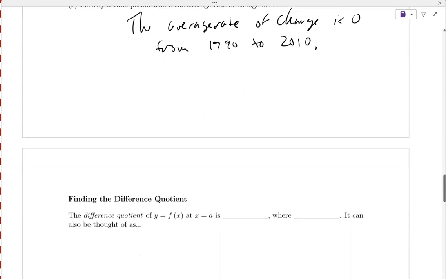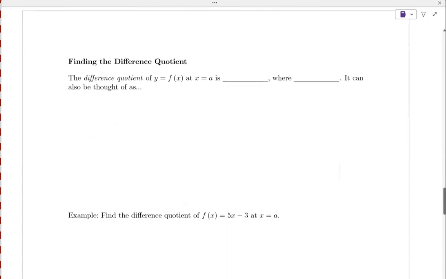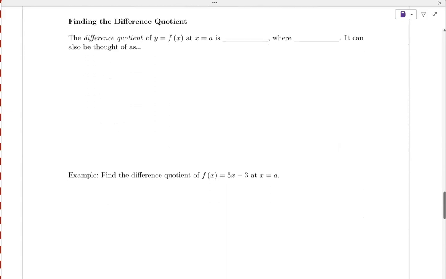All right. Well, let's do the definition here for difference quotient. We'll save the examples for next time so that you have time to do your quiz here. When we do the difference quotient, this is an expression of the function where we're basically looking at a slope of something.